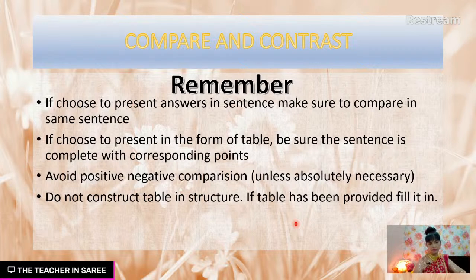Then that is allowed. In structure questions, try not to use a table. But if a table has been provided to you, nowadays I see a few questions where they've already provided a table for the differences. If that's the case, just fill it up, no problem. Otherwise, try to avoid it.